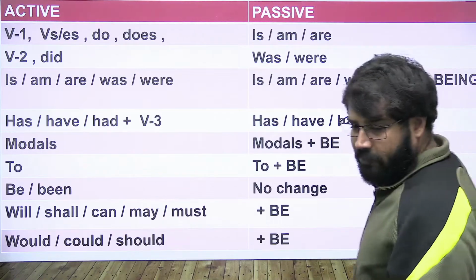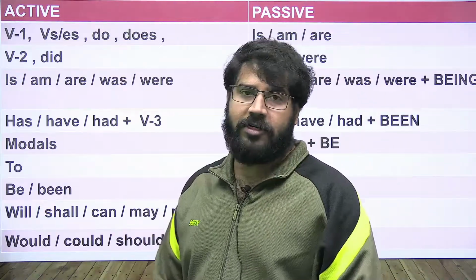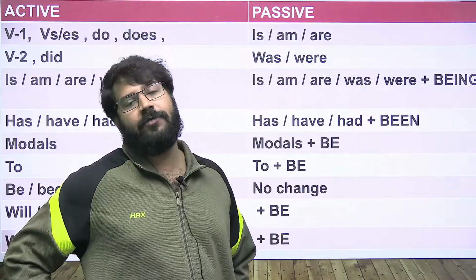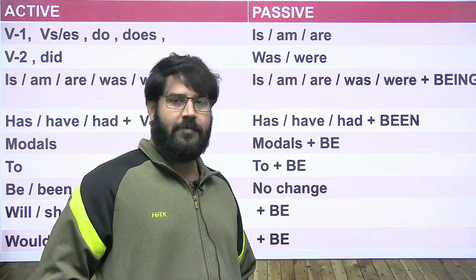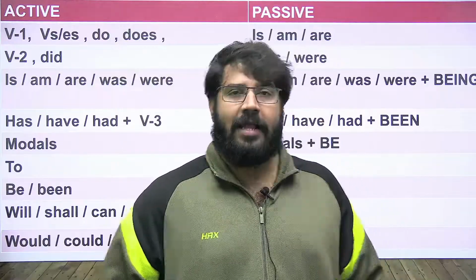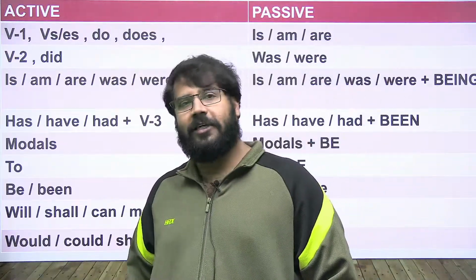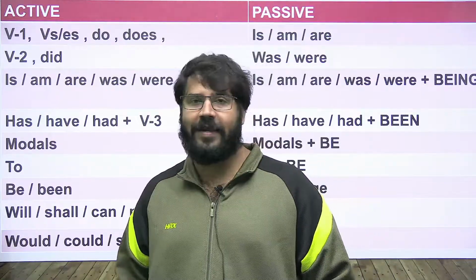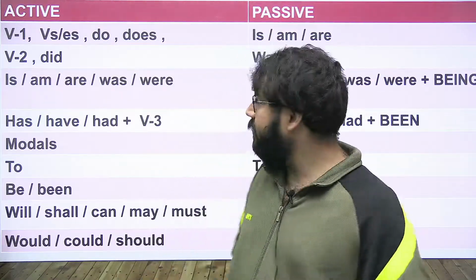One more thing you must know is that there is a chart. If you want to convert from active into passive, you will have to follow some rules of the chart, and this will give you the direct solution. With the help of elimination, you can solve all the questions very easily. So let us go ahead and see.